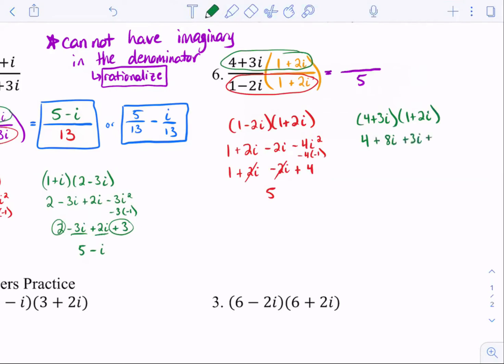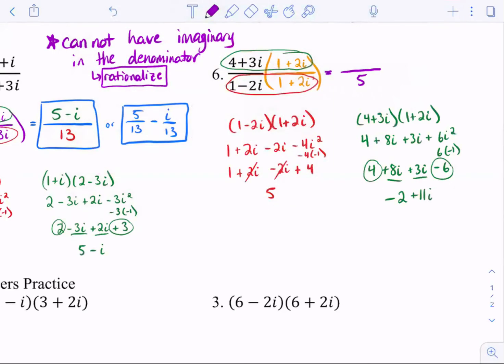And then 3i times 2i is 6i squared. So this is technically 6 times negative 1. So this is 4 plus 8i plus 3i minus 6. So 4 minus 6 is negative 2. And then 8i and 3i is 11i.